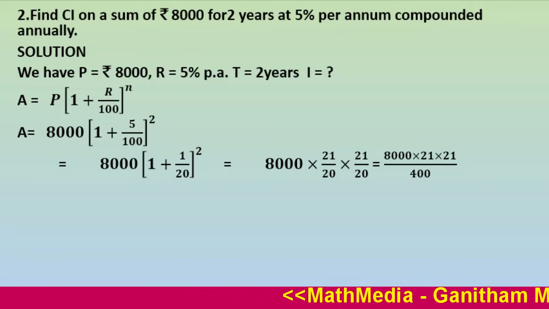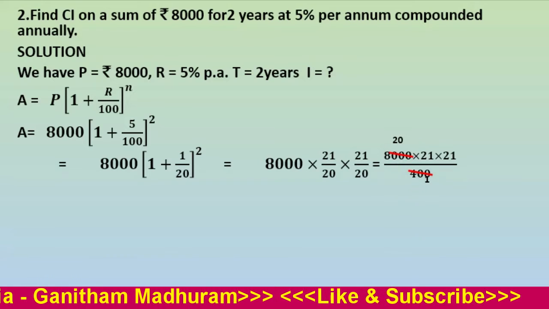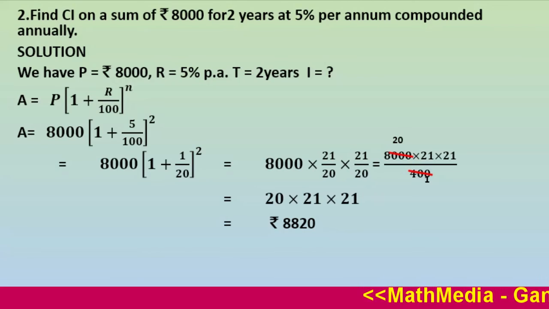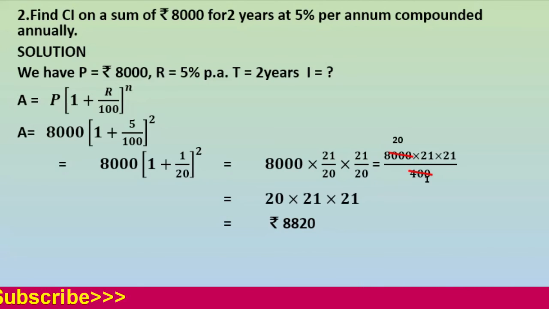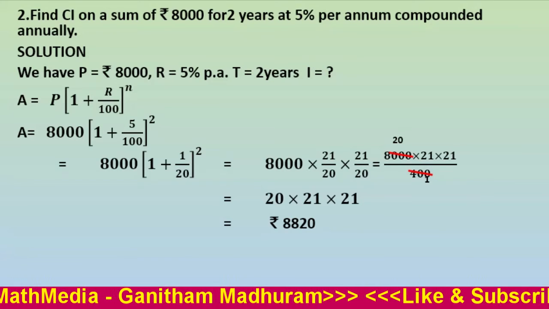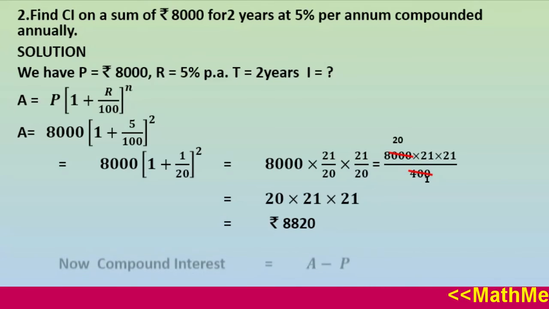Cancelling 400 and 8000, we get 20 into 21 into 21. While multiplying we get rupees 8820. What is this rupees 8820? Is it compound interest? No, it is the compound amount.